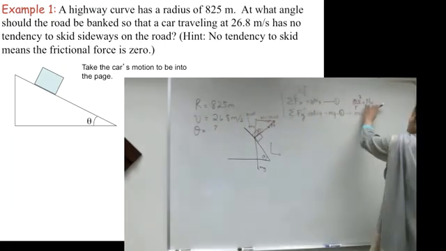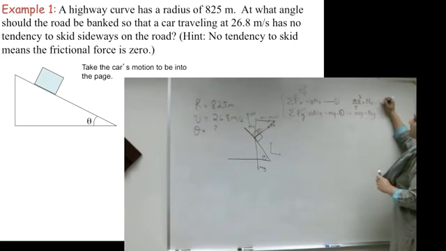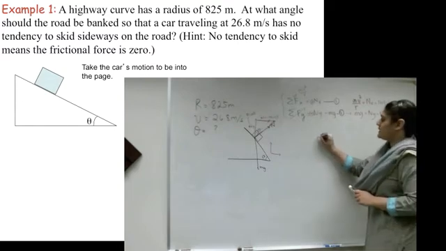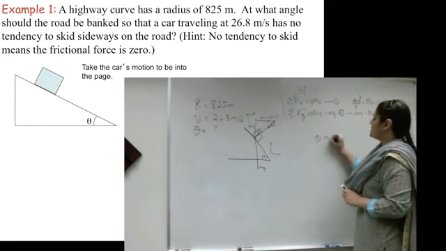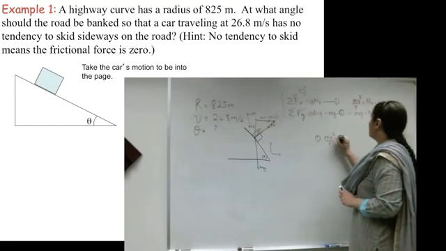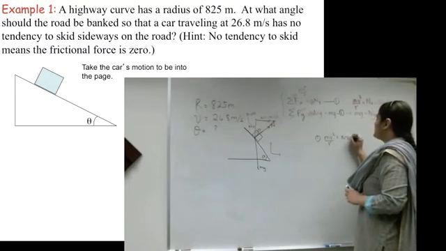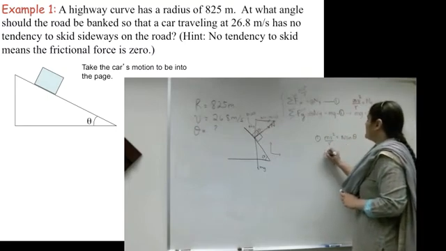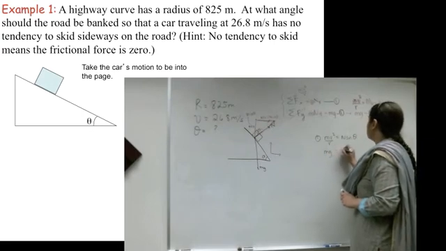So I'm just going to plug those values in here. So nx becomes n sine theta, ny becomes n cosine theta. So my equation 1 reduces down to mv squared over r equals n sine theta, and this one reduces down to mg equals n cosine theta.